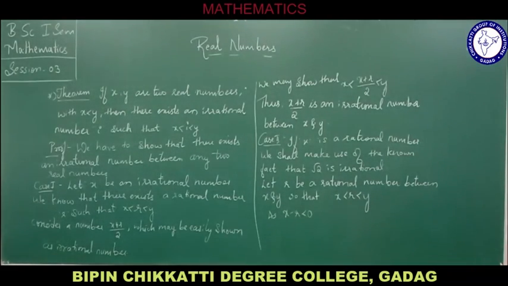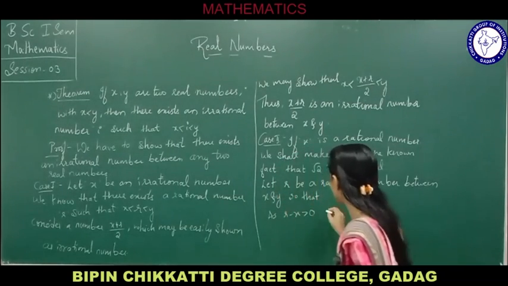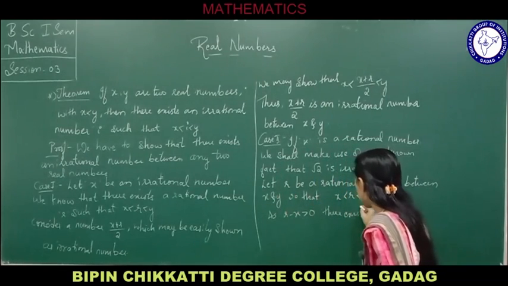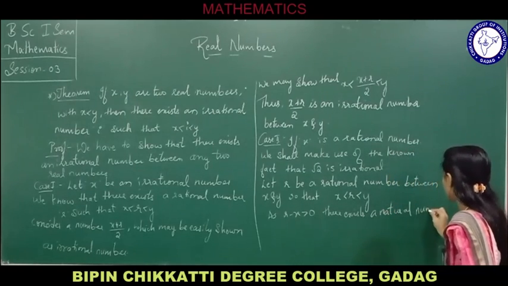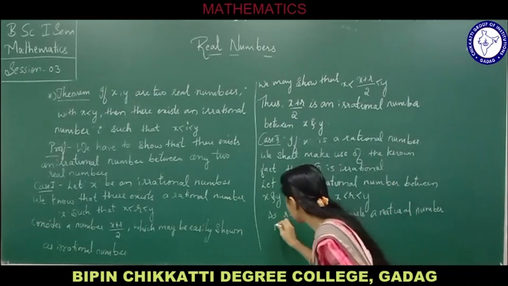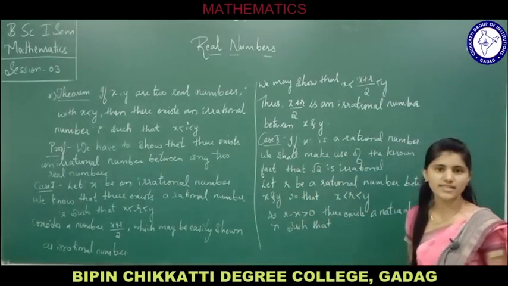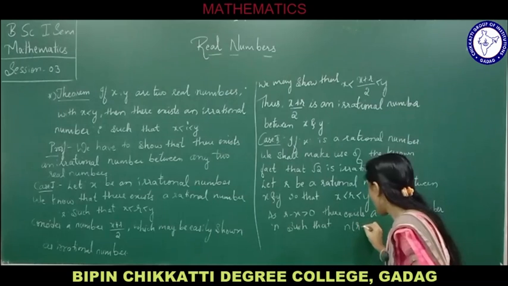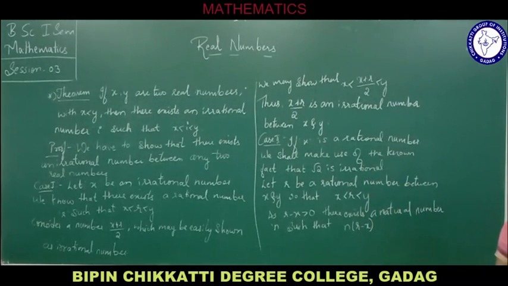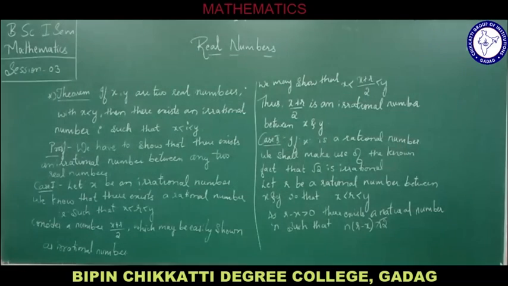Or let us see, as r minus x is greater than 0, there exists a natural number n such that n into r minus x is going to be greater than root 2. n into r minus x is greater than root 2.